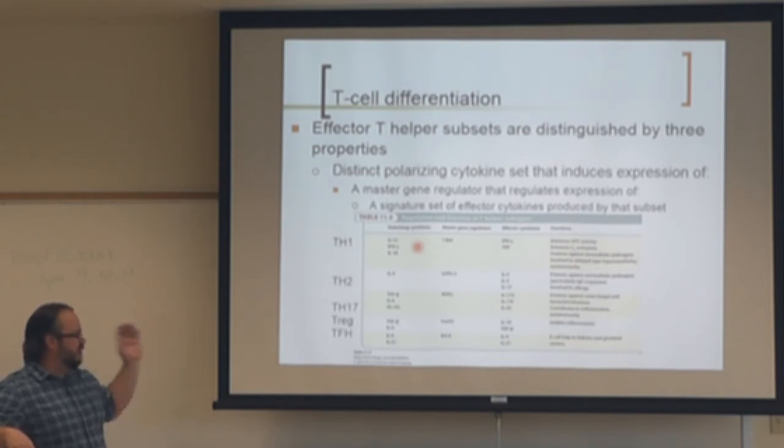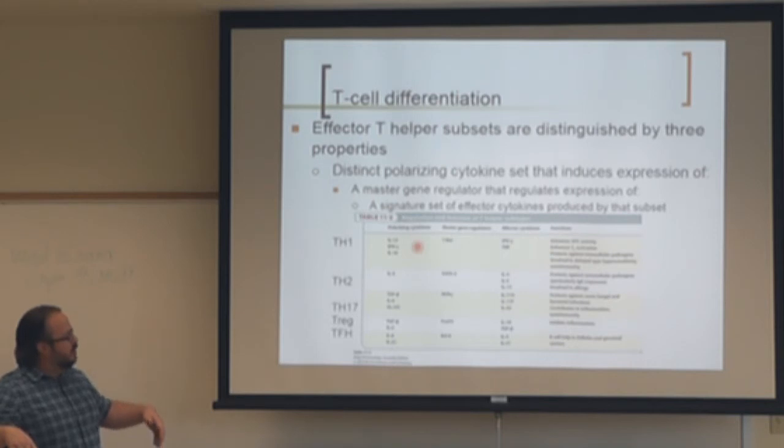All of these cells except for the Treg can be identified by surface markers. The Treg looks just like a Th1 cell, except it expresses FOXP3. And so, if you really want to identify Treg, you have to stain intracellularly for that transcription factor for FOXP3.